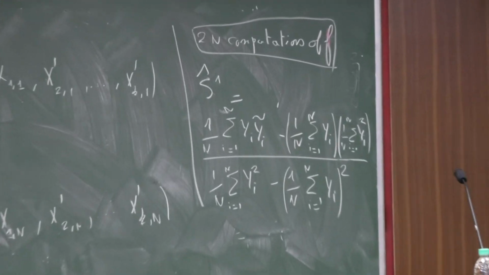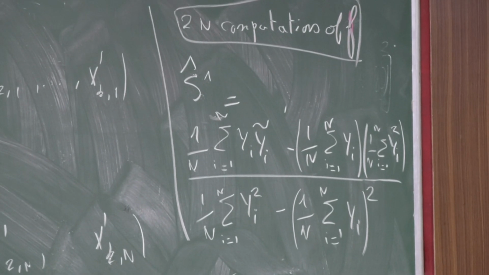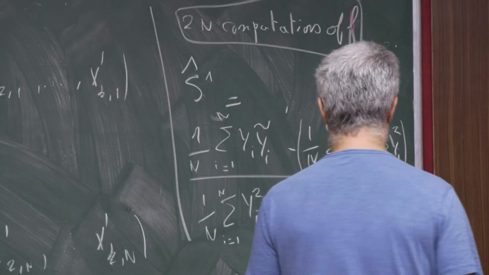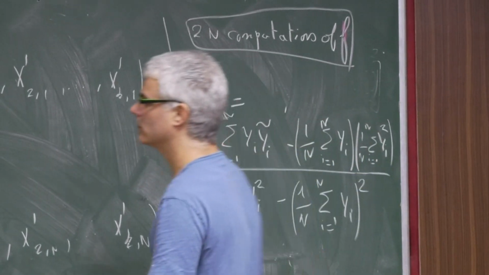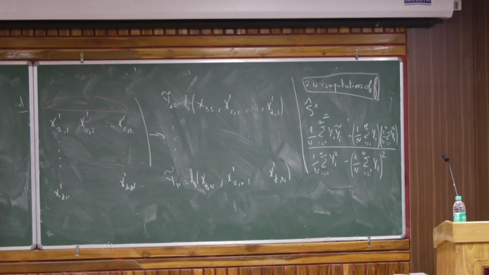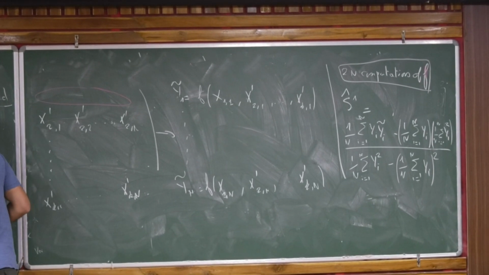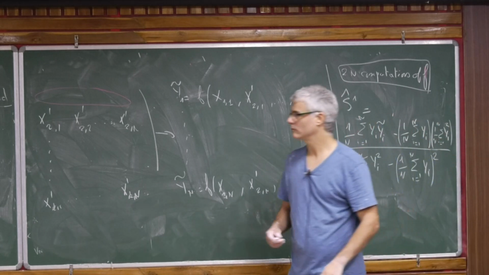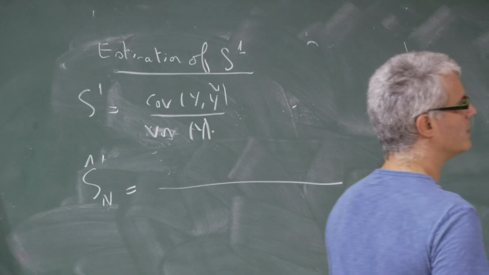So you just take the empirical version of the covariance and the variance, and that gives you this estimator. Okay, so let me just rewrite my estimator here.